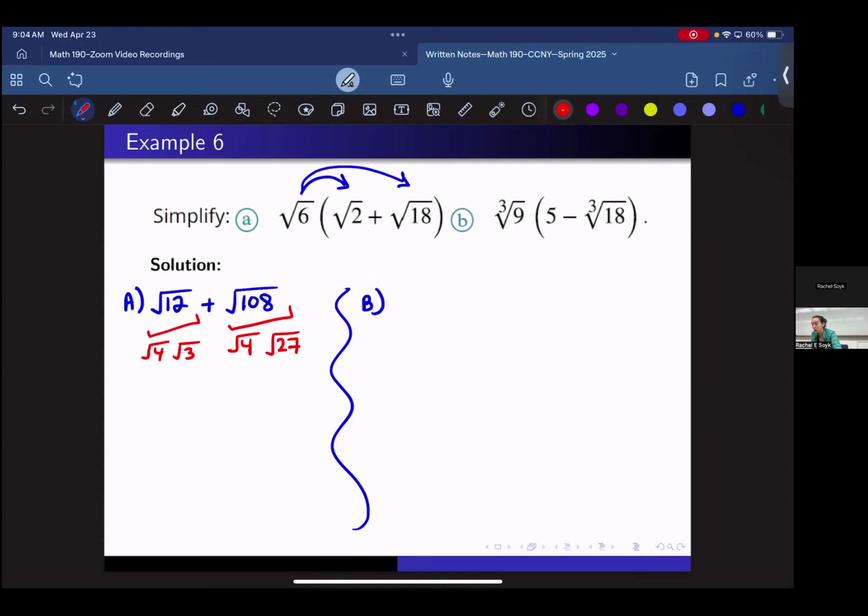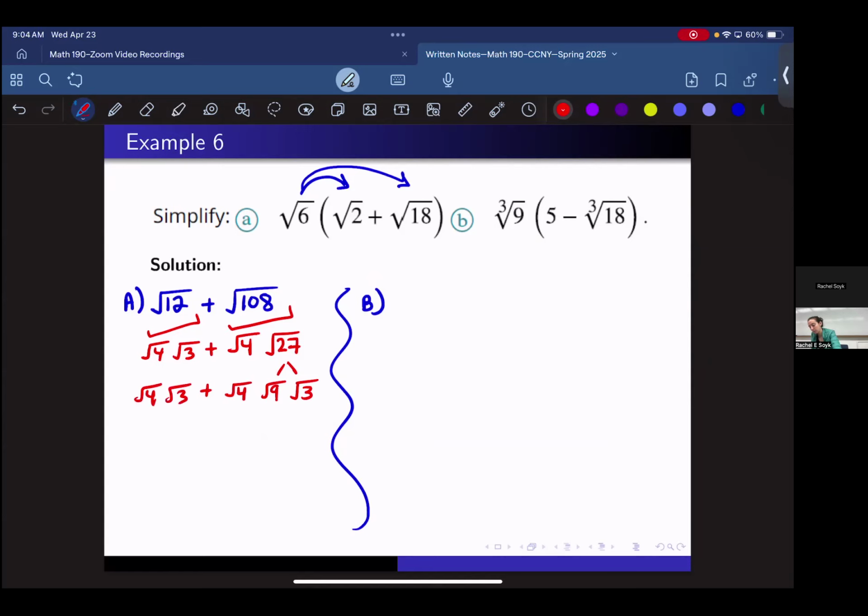And 27 can be broken up into 9 and 3. So 36 also went into 108. 36 goes into 108 3 times.